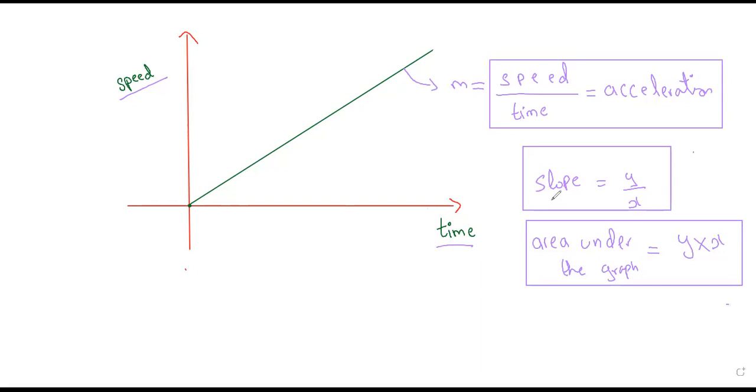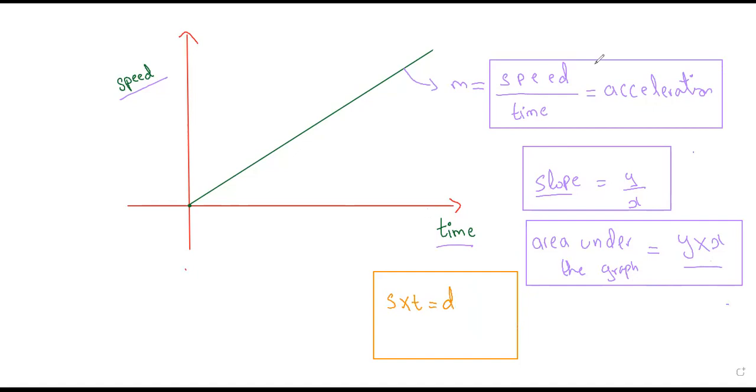Whatever graph you have, the slope would basically be the quantity that you are getting from y divided by x, and the area under the graph would give you the information about the quantity that you get when you multiply speed with time. What do you get when you multiply speed and time? Any idea? Speed times time equals distance. Excellent. Very well done. Speed multiplied by time gives you information about the distance.